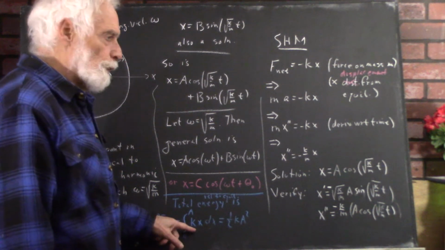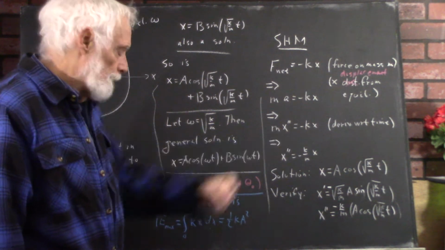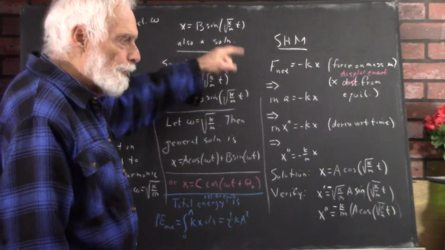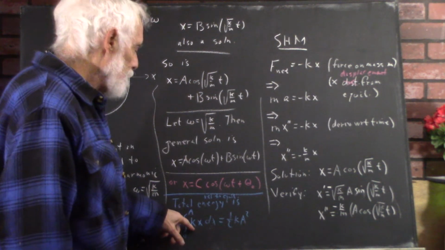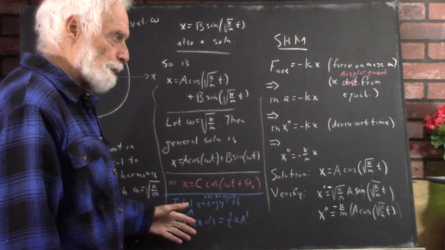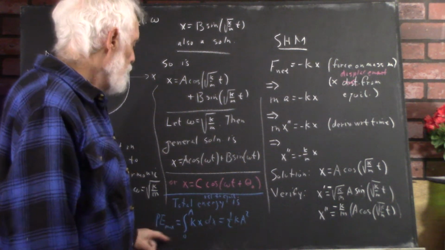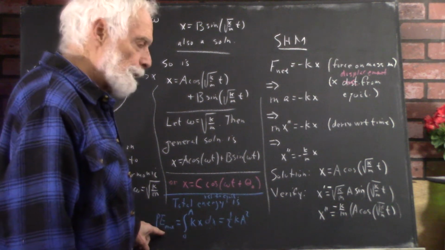Okay, this is the work you have to do to move the oscillator from equilibrium out to position A. It's equal and opposite to the work done by the conservative force, which would be the integral of negative kx dx. Being equal and opposite, it would be negative the integral of negative kx dx, which is the integral of kx dx. That's your maximum potential energy.